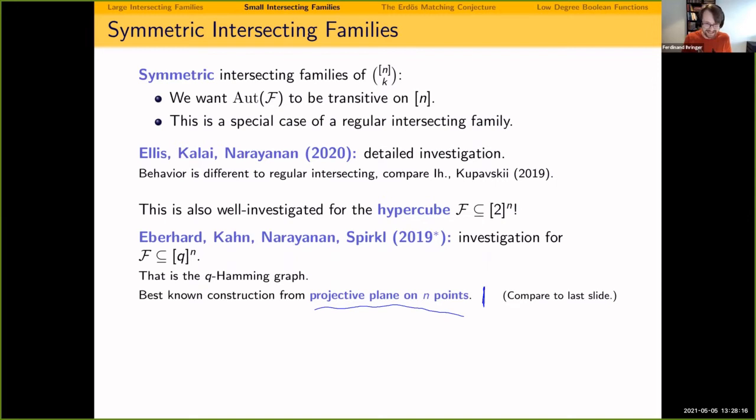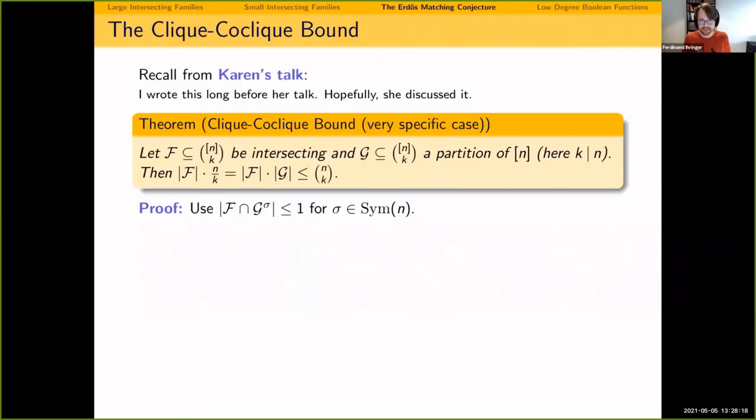Now, let us move on to another bound, which, if I remember correctly, Karen mentioned in her talk, namely the co-click bound. And let us just state it again in a very, very specific case. You have an intersecting family F of k-sets in an n-element set, and we want that k divides n. And your other family G is just a partition of n into k sets.